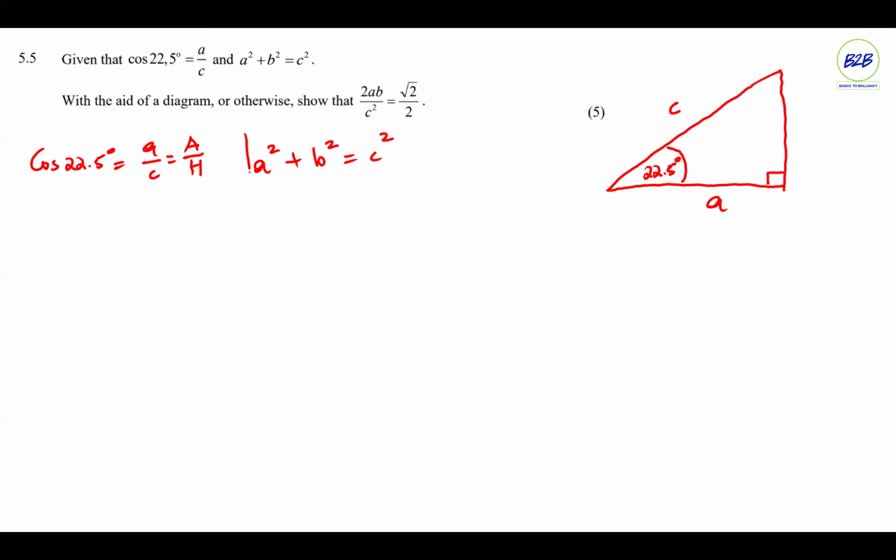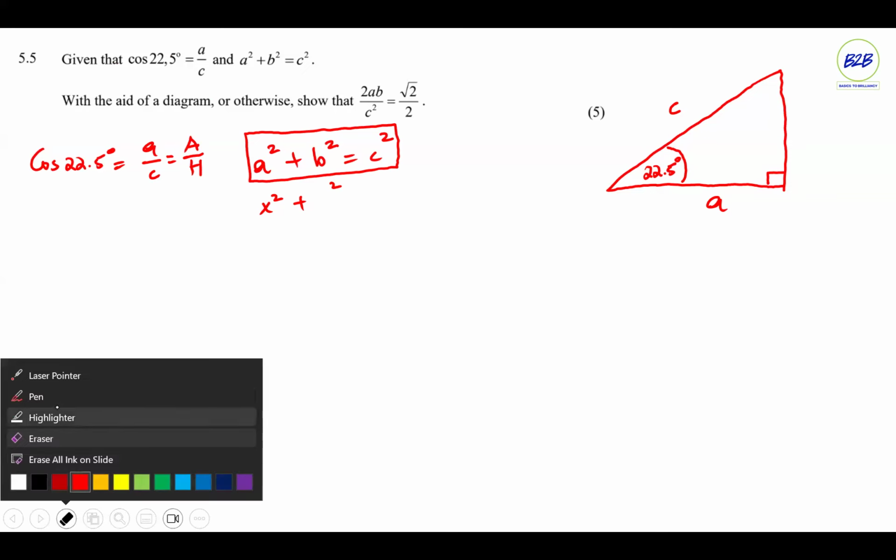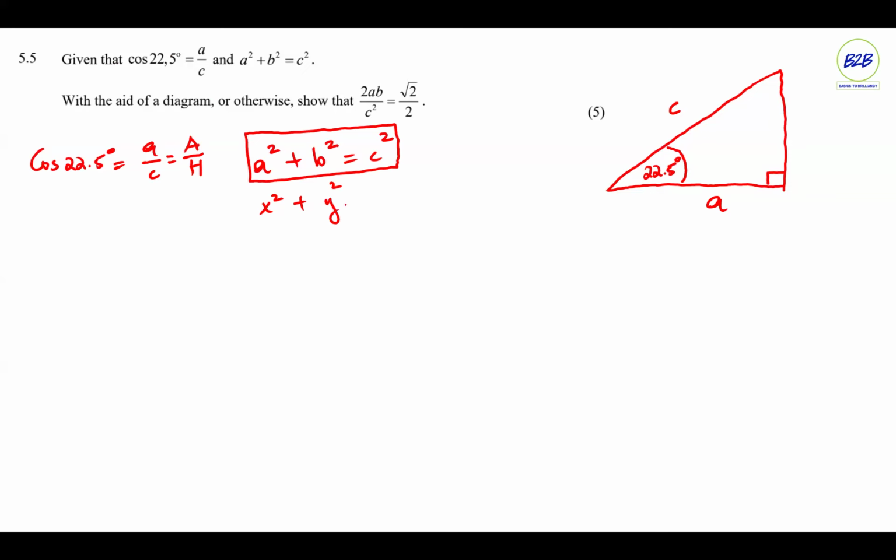However, this second piece of information, A squared plus B squared is equal to C squared, seems to be like a Pythagoras theorem, whereby we have x squared plus y squared is equal to r squared.